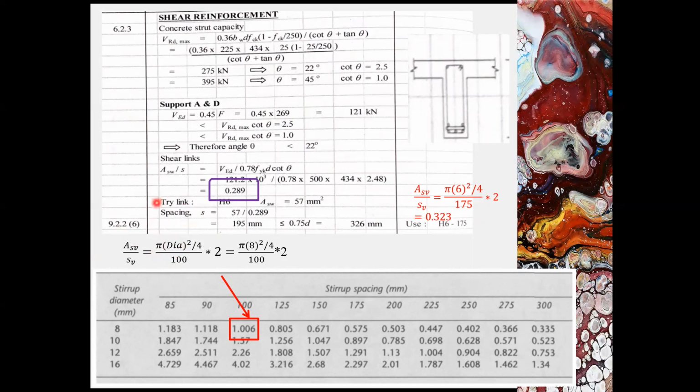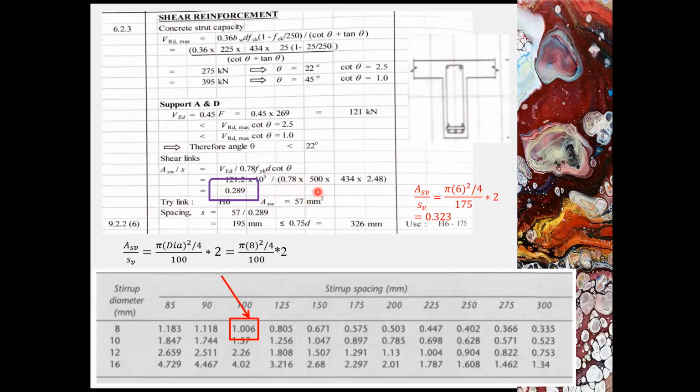Now we want to try to provide H6, which is not inside this table. So we can perform the calculation again using this equation, Asv over sv. So pi d, the d will be 6 mm, squared over 4 multiplied by 2 legs, divided by the spacing, which we need to propose.